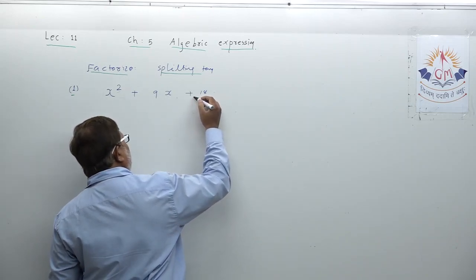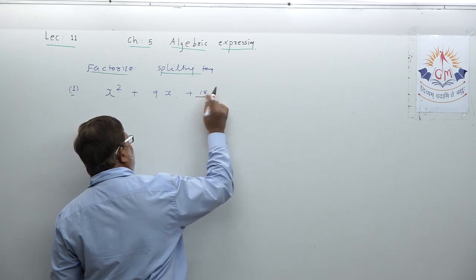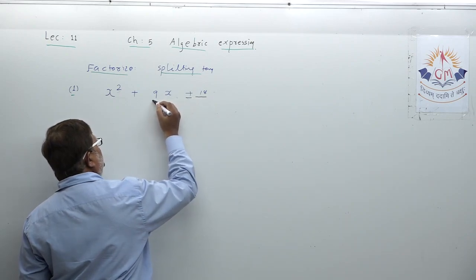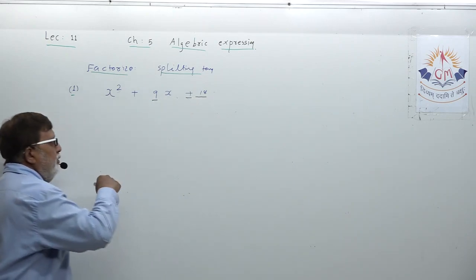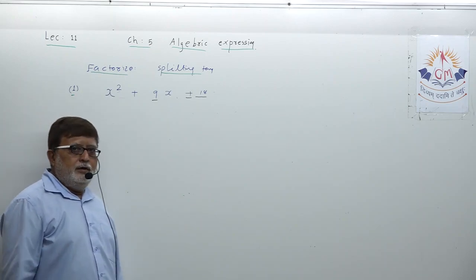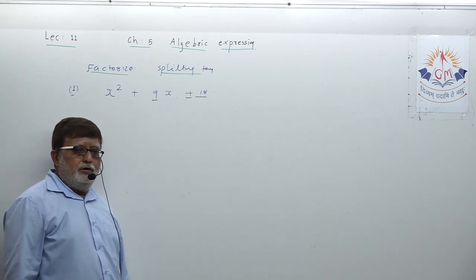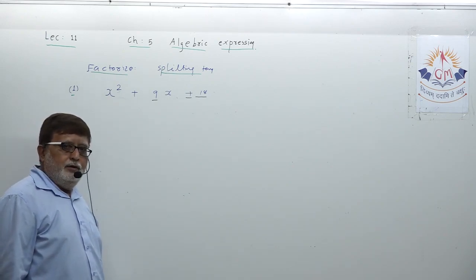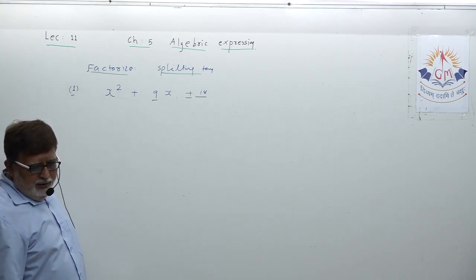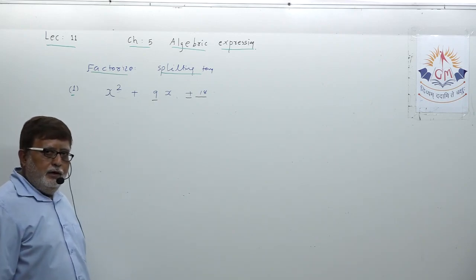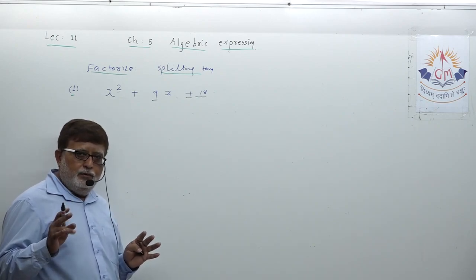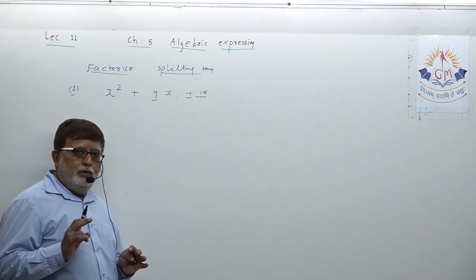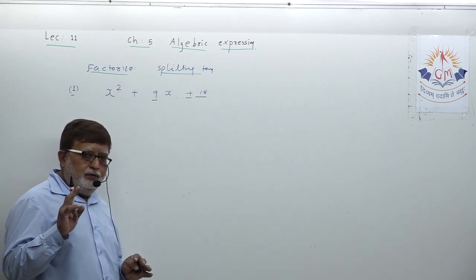Your complete concentration has to be on this number, this sign, and this number. Okay, dear student? 3 underlines. Your concentration needs to be on last number, last sign, and middle number. That is required. Now I am speaking out the logic of splitting term method.